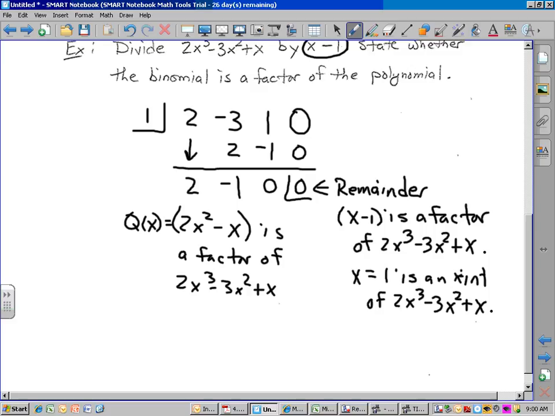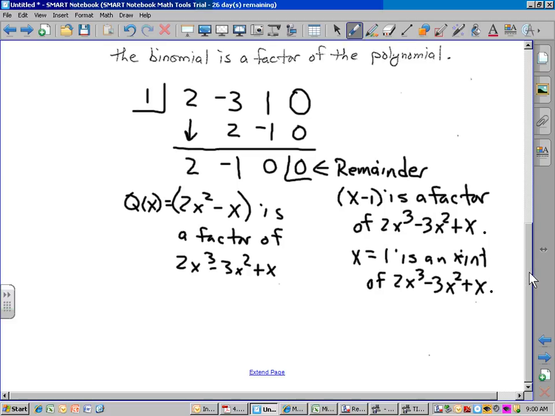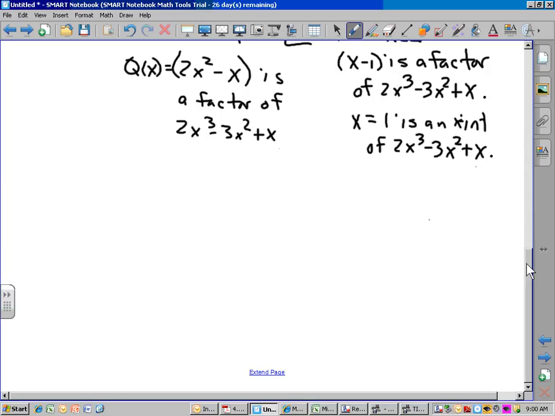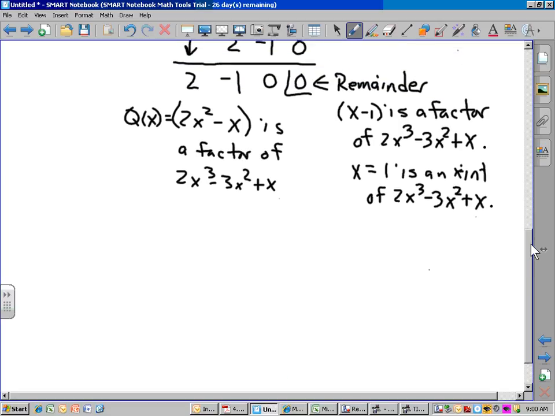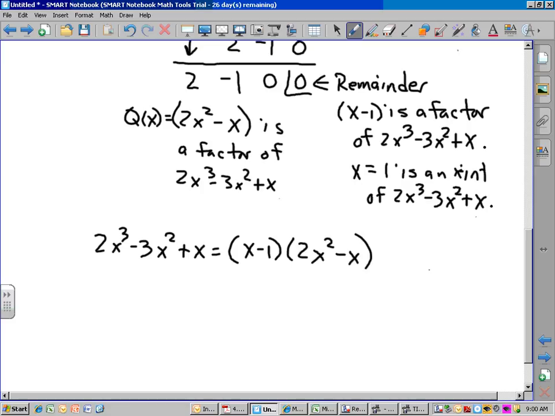So we can actually say that 2x cubed minus 3x squared plus x is equal to what we divide it by, x minus 1, times its quotient, 2x squared minus x. And if you notice in our quotient, there is an x we could factor out.